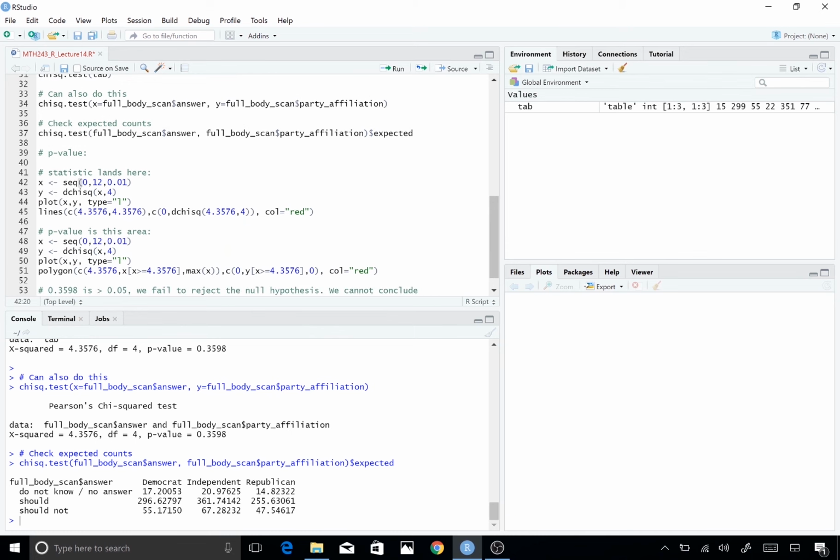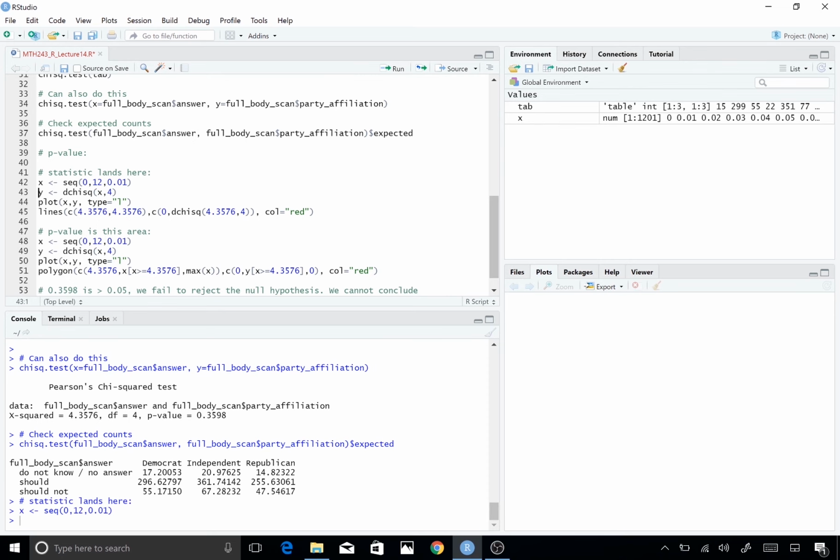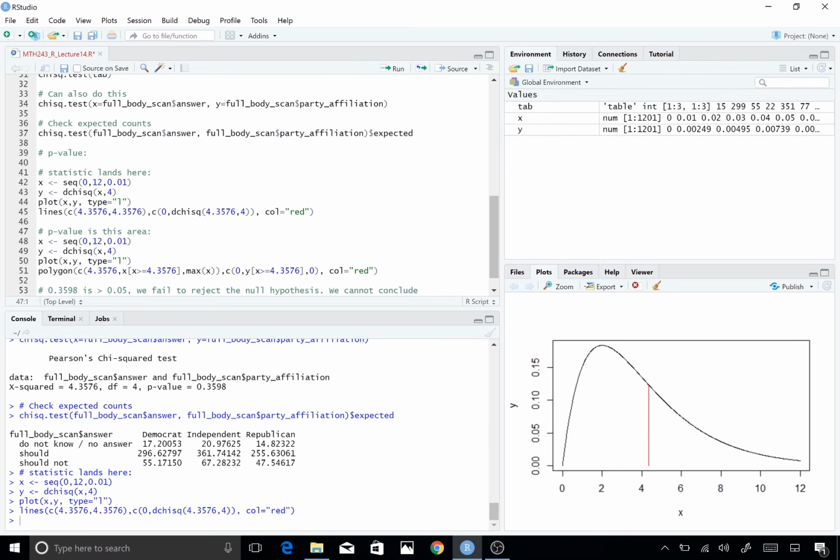And here's how the p-value is calculated. If the null hypothesis is true, this chi-square statistic follows a chi-square distribution with 4 degrees of freedom. This is where it lands on a chi-square 4 curve. The chi-square test is always a one-direction test.